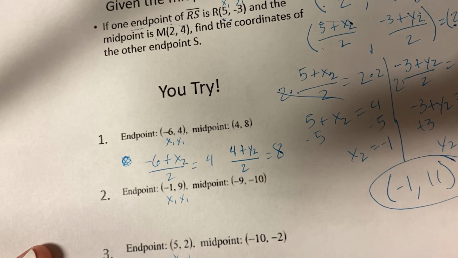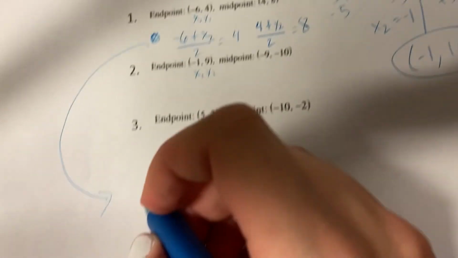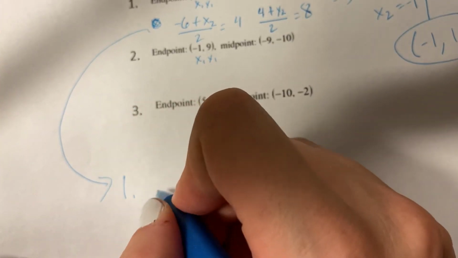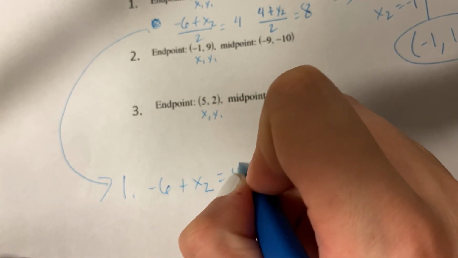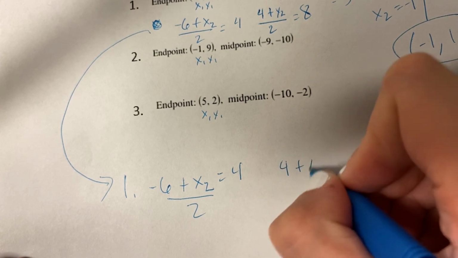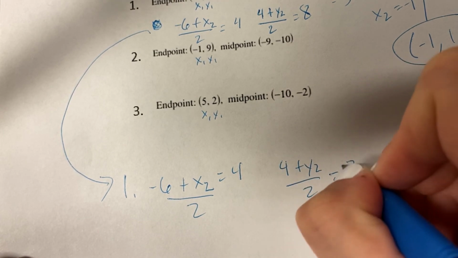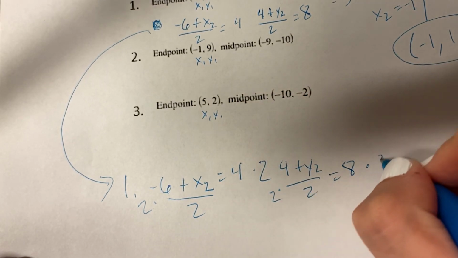And I'm out of room. So I'm going to write this down here. This one over here is negative 6 plus x sub 2 equals 4 divided by 2. I'm copying what I had written up here. I'm going to multiply by 2.